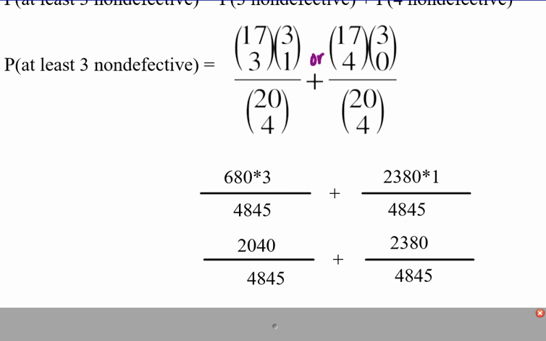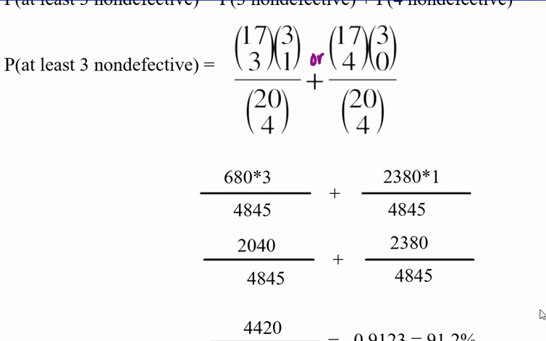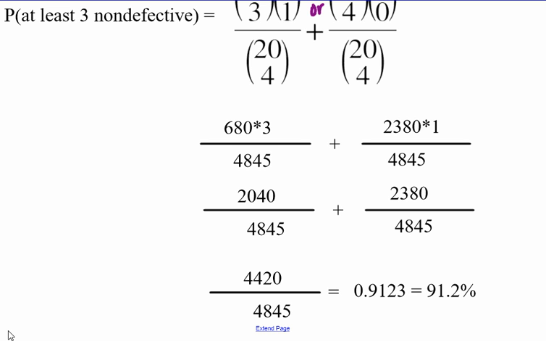Calculate the left one, calculate the right one, add them together. And when I do that, I'm going to end up with 0.9123, or 91% chance that I get 3 goods or 4 goods, which is at least 3 non-defectives, at least 3 good.